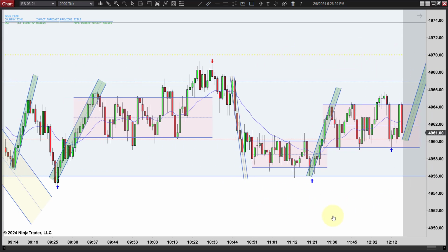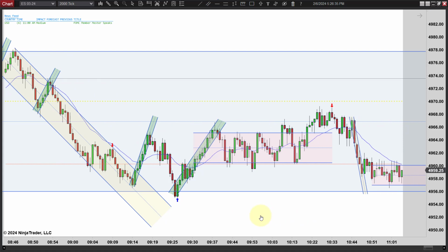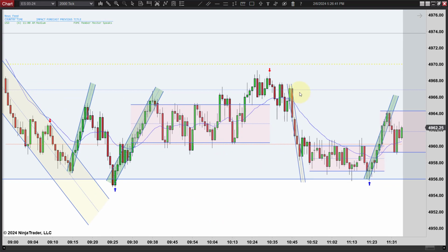And just while I'm thinking about this, some people don't seem to grasp what a higher low or a lower high is. A higher low is when you make a low and then you make a higher low within a couple of bars. So as you can see, you made a high here and then you made a lower high within a few bars there. Once it's moved way down here, that's too far.